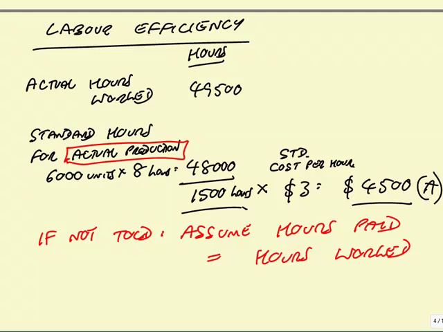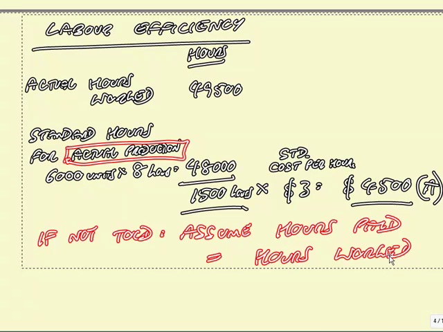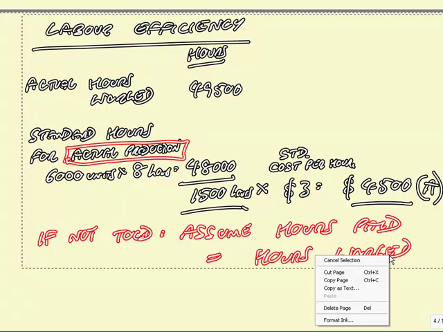Alright, nearly there. Again, in this exam, you've only ever 4 costs to deal with. So materials, you've got them. Labour, you've got them. The next one, variable overheads.